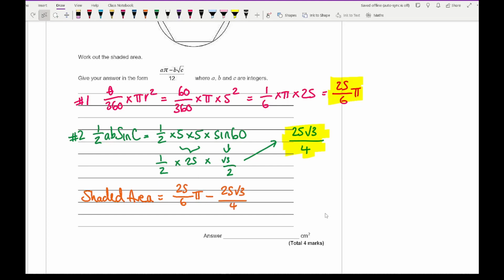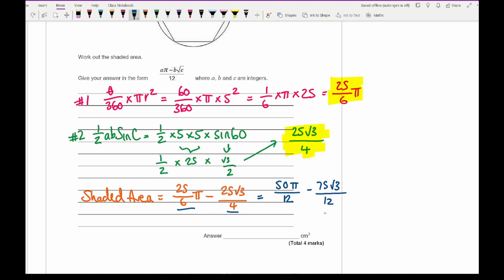Now, as you can see, I haven't got a common denominator, so here I need to rewrite these fractions so that they have got a common denominator, and I'm going to use 12. So this first fraction I need to multiply by 2, so that's going to be 50 pi over 12. And this second fraction I need to multiply by 3, so that's going to be 75 √3 over 12.